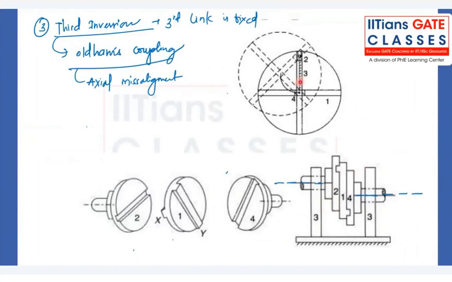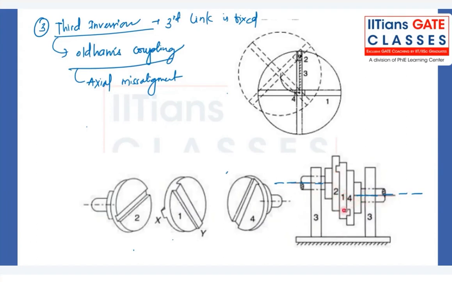So these are the frames, we can say, which will act as link number 3. Link numbers 2, 1, and 4 are like the projections which we are making on the flanges. So link number 2 is the flange of shaft 1, link number 4 is the flange of shaft 2, and we have made some slots in which link number 1 fits.